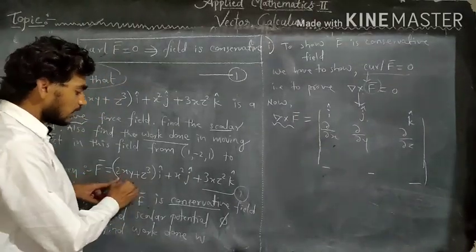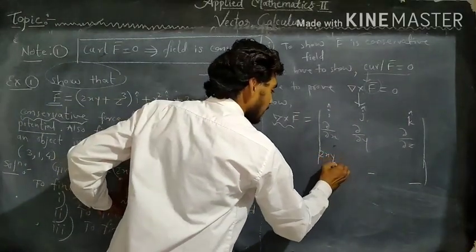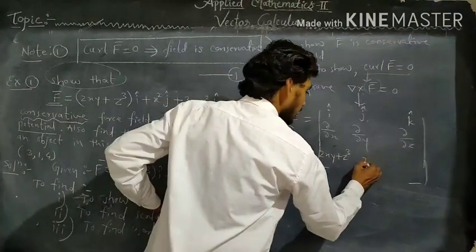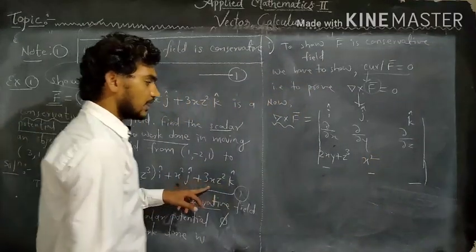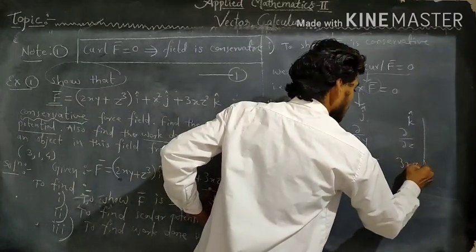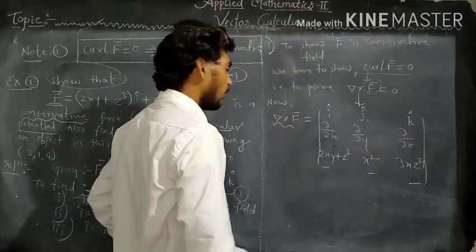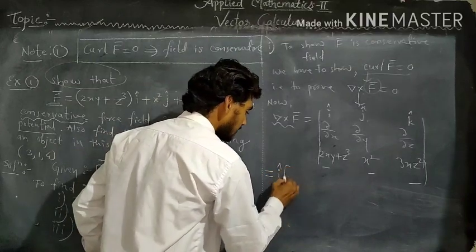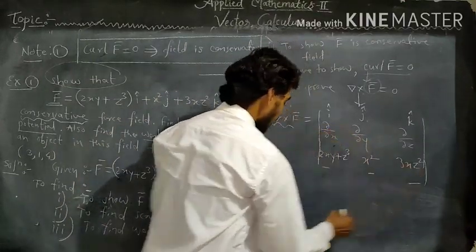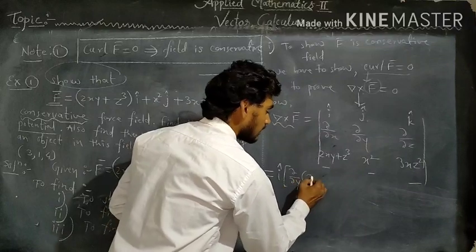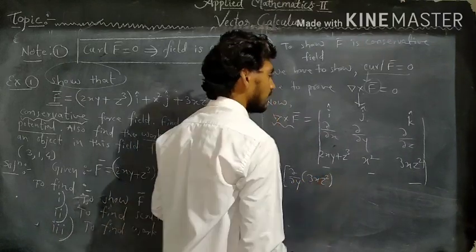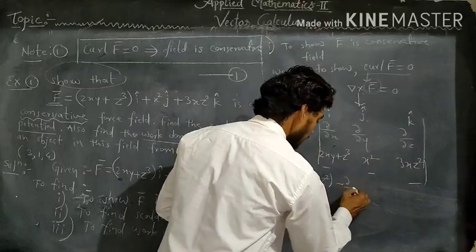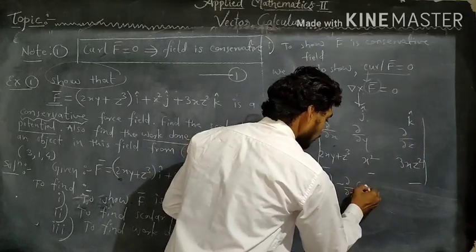So the components are 2xy plus z cube, x square, and last 3x z square. Now by solving this determinant we get i times del by del y of 3x z square minus del by del z of x square.